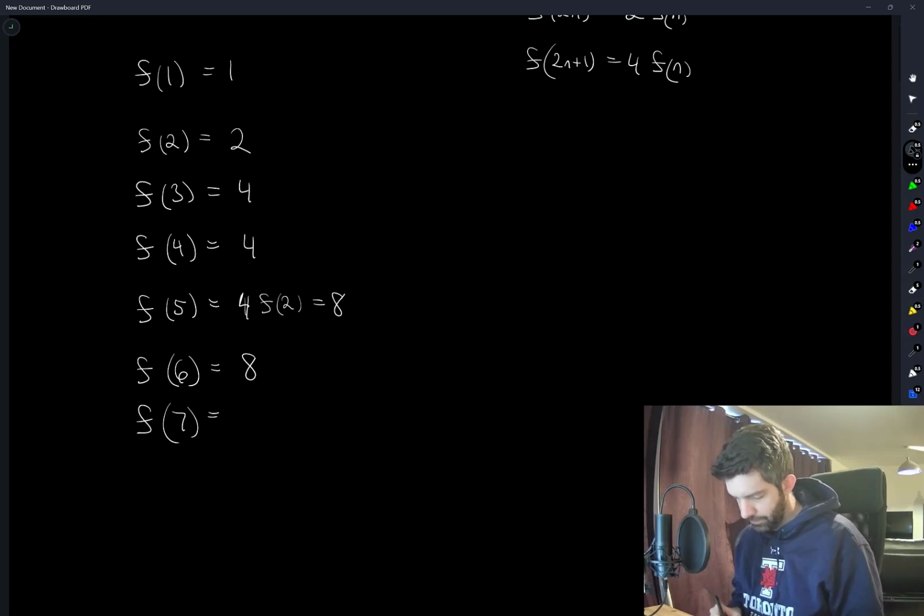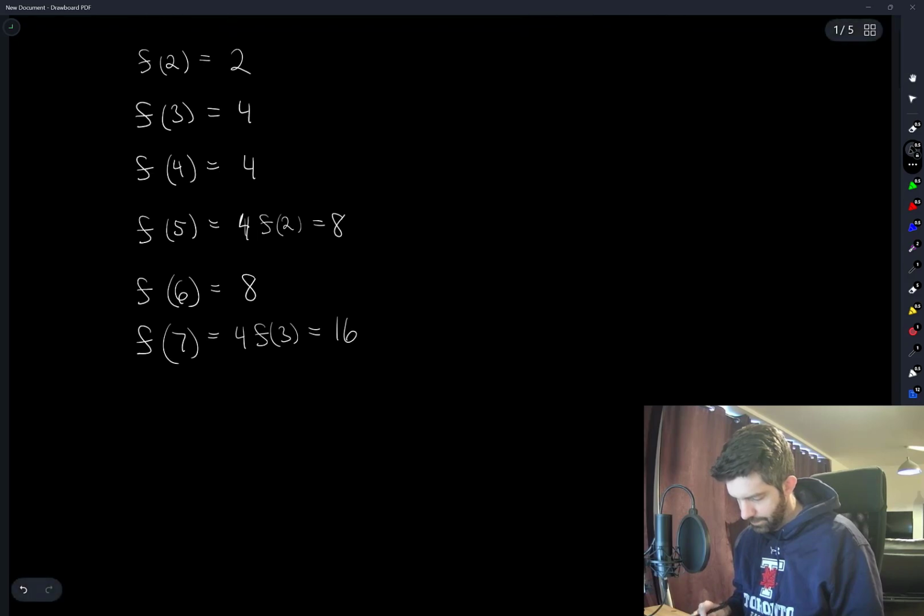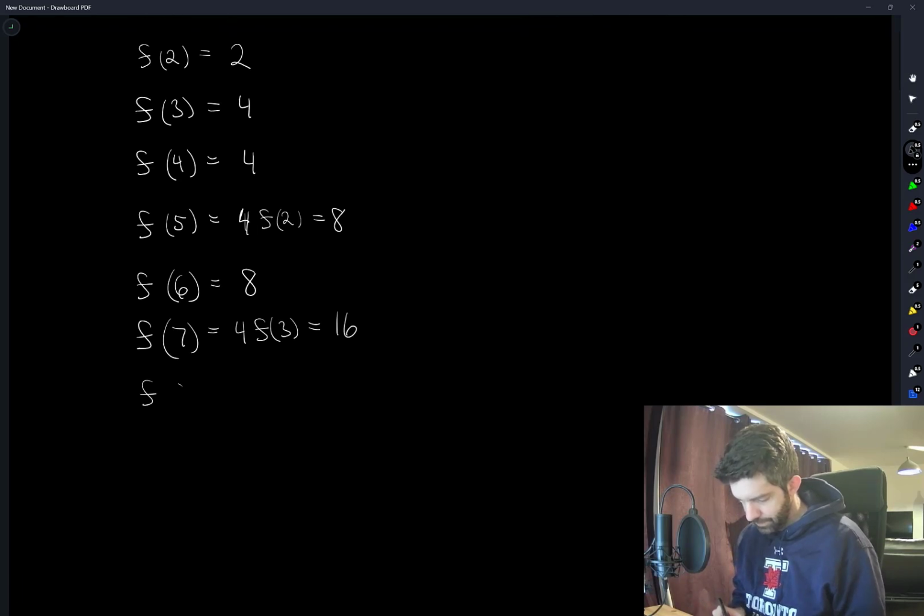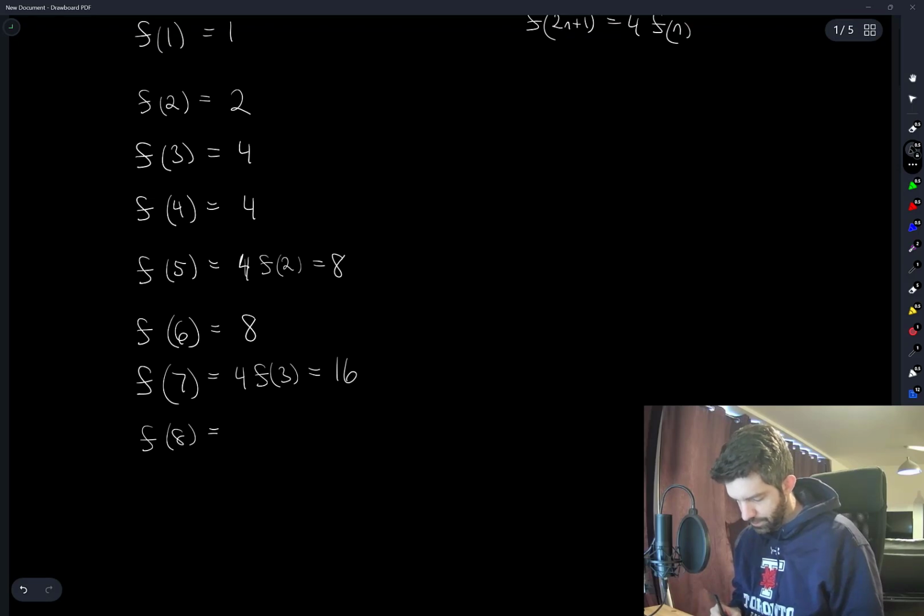F of 7 is equal to 4 f of 3, which is 16. F of 8 is 2 f of 4, which is 8.